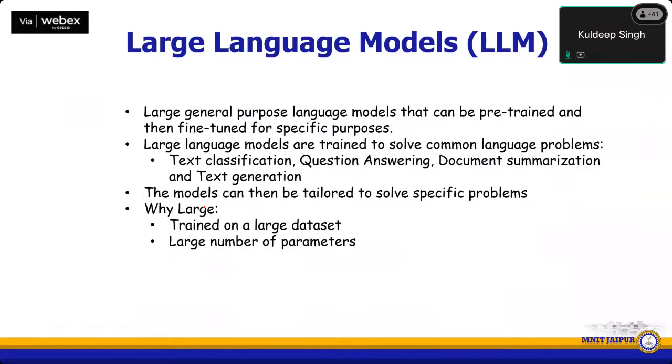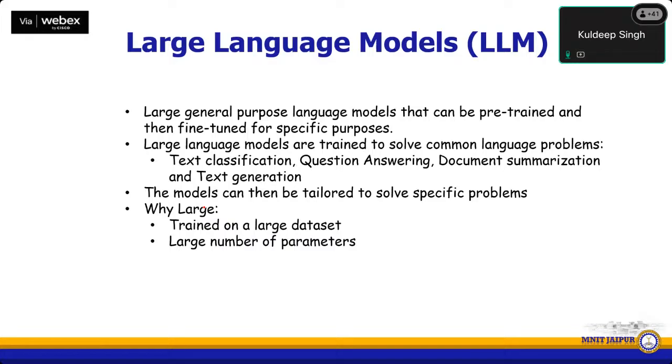The name itself tells you they are large models related to language, and of course, they are generative AI models. So these are large general purpose language models, pre-trained, as I was telling you, foundational models, and then further these LLMs can be fine-tuned for a specific purpose, like I gave you the example of automatic question answering or generating summaries and so on.